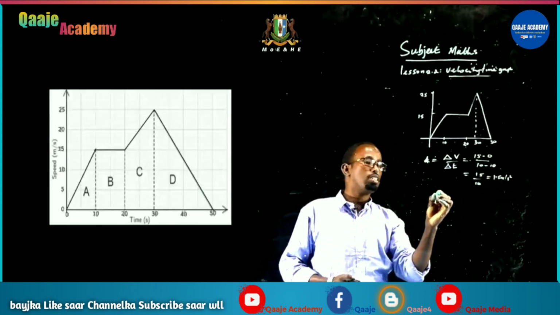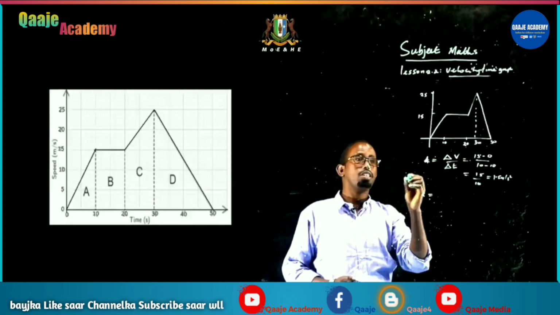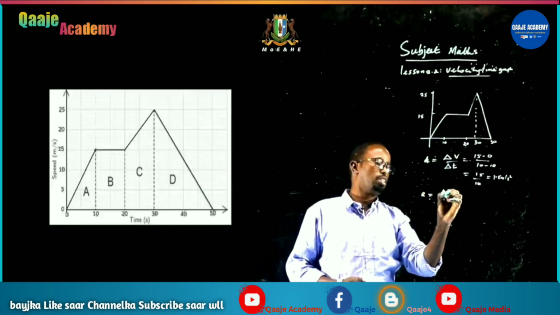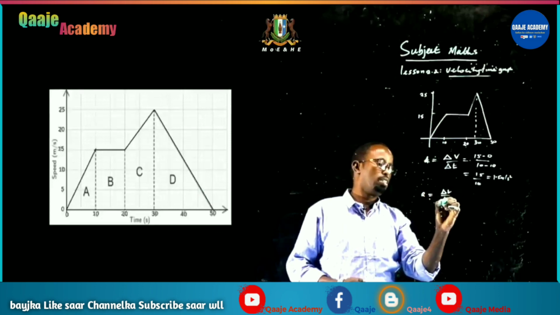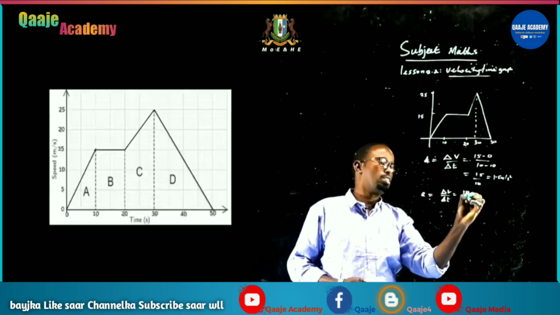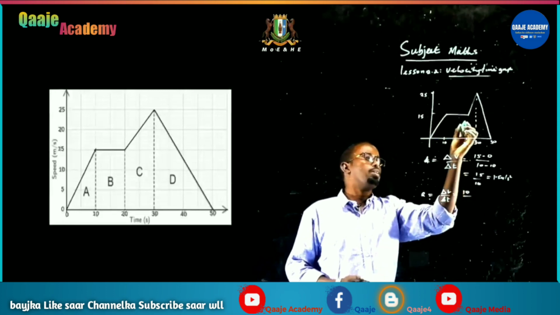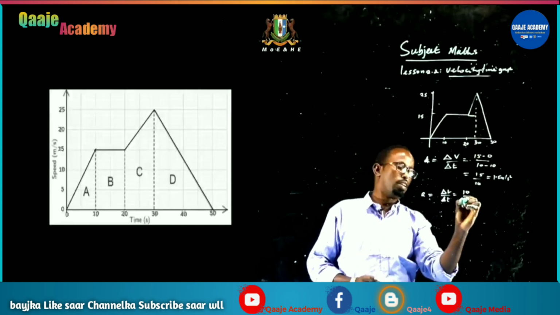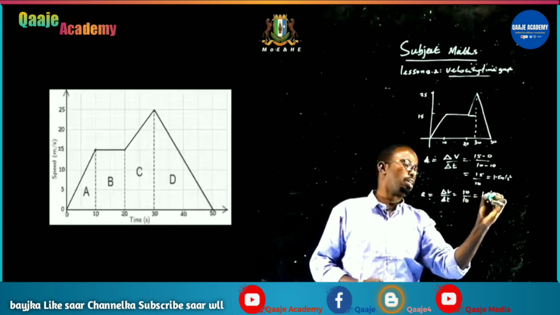Then the next one, the distance from 15 to 25 is 10. So dv divided by dt, that is 10 divided by 10, you get 1 meter per second squared.